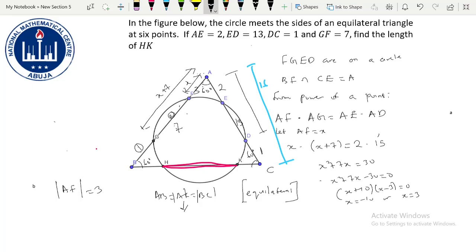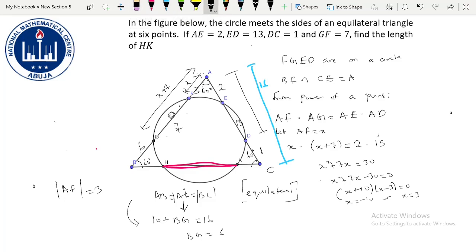I know that 3 plus 7 is 10. So AB is something like 10 plus BG, and this equals 16, because AC is 16. So only BG is 6. So BG is 6 here.